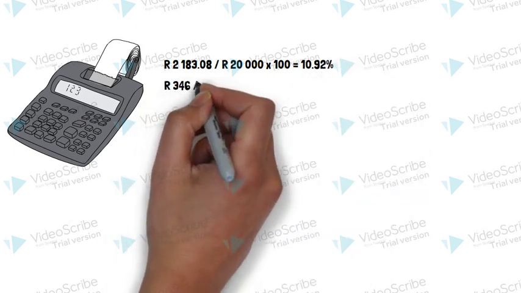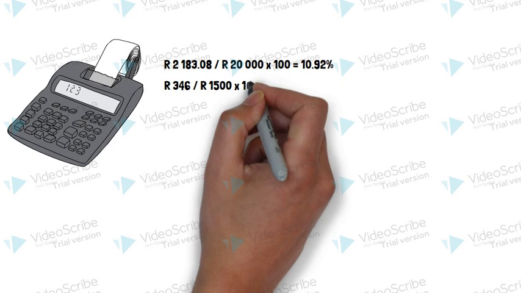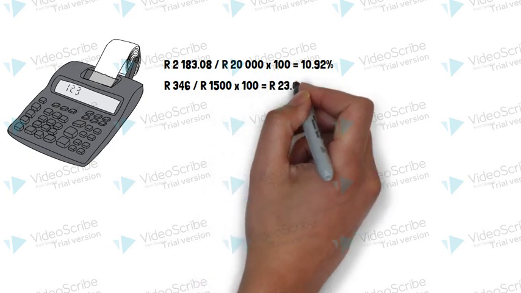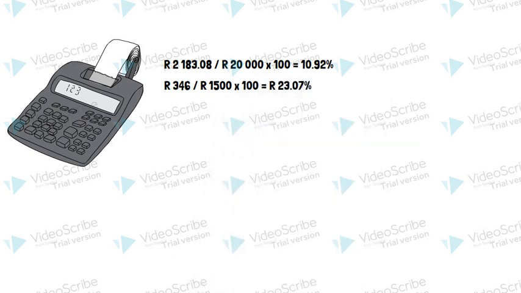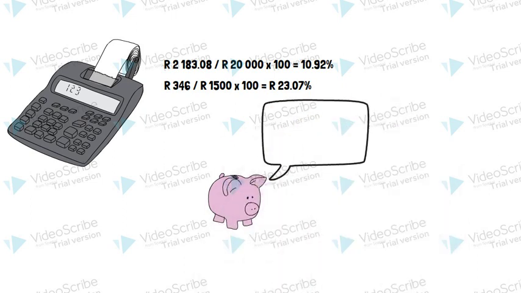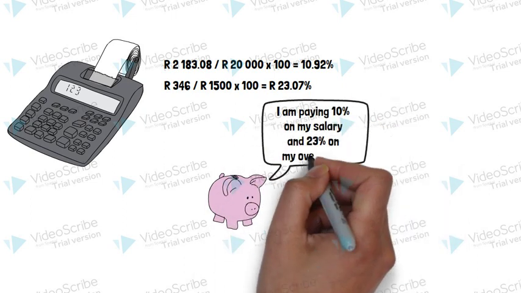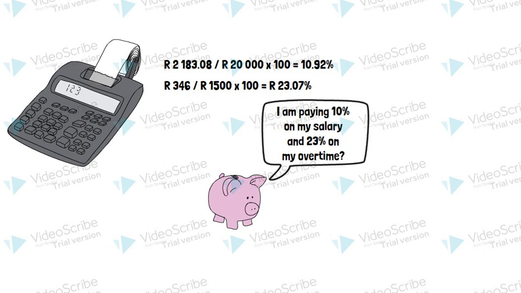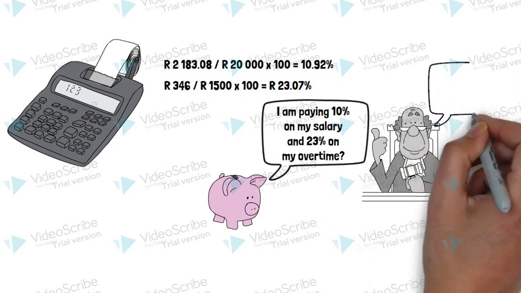And the 346 Rand represented 23.07% of the 1,500 Rand overtime. This will cause Bacon to believe that tax on overtime is higher than on his normal salary. Don't you agree? But we used the same tax table.